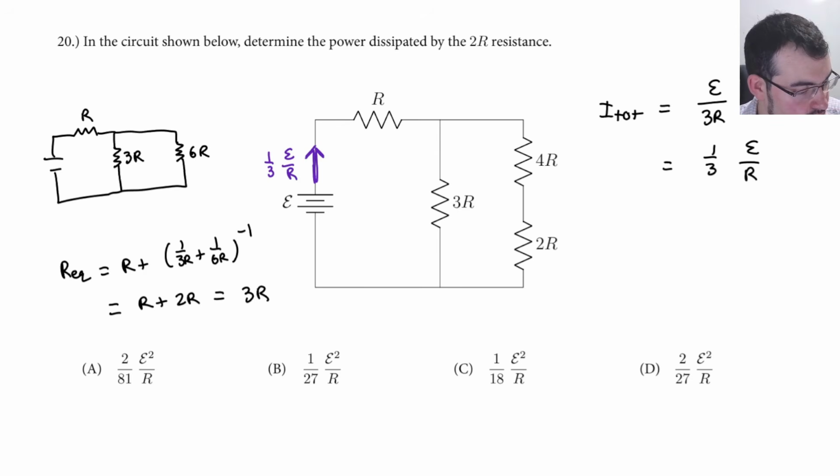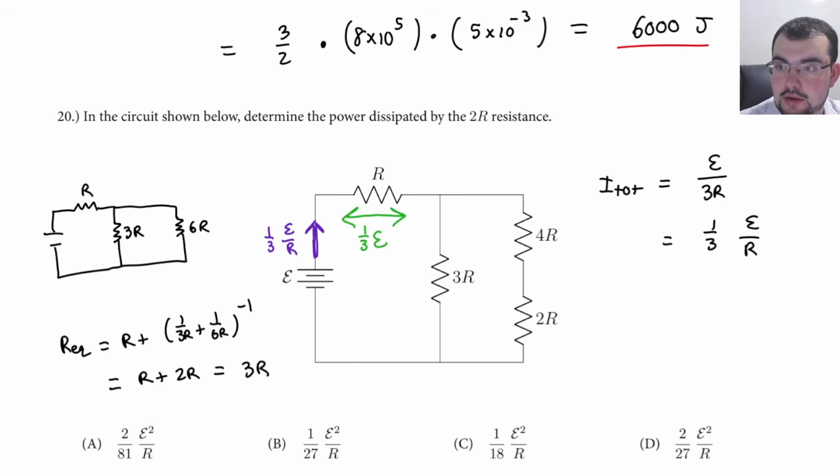So that means delta V equals IR. So I will drop 1/3 of the battery EMF across this object, which means that I will drop 2/3 of the battery EMF across this object. This is not the only solution, by the way.